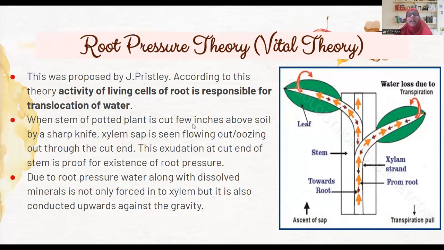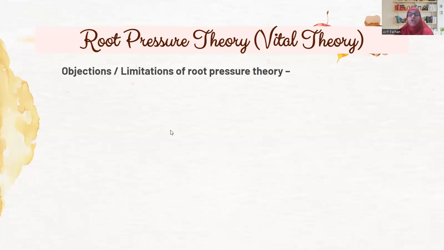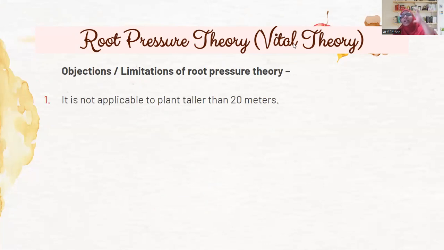So Jay Priestley tried to explain his vital theory through this example. But there are certain drawbacks; it is not applicable to all plants. It is not applicable to very tall plants. In a potted plant it's okay, but for a plant 20 meters tall, it is not applicable.